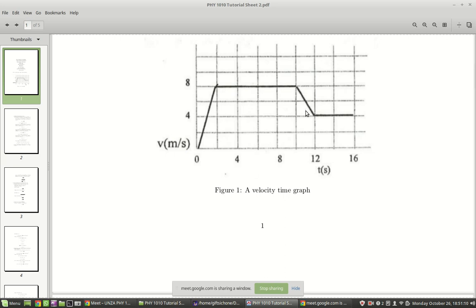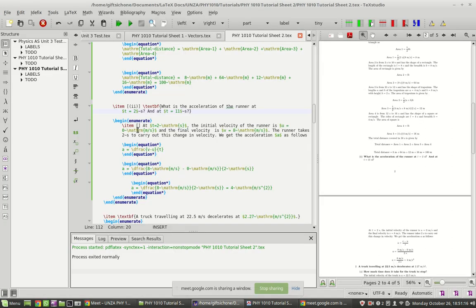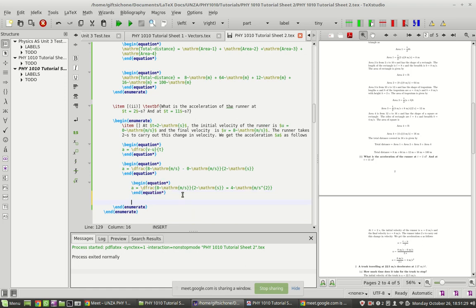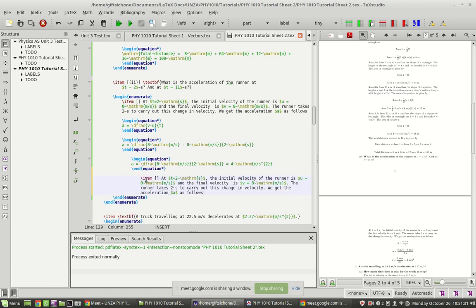On each and every point of the straight line, the acceleration is the same. So we work out in a similar way.